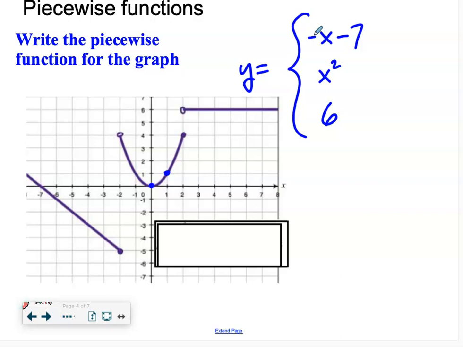Now we've got to write their domains. So this one on the left is only valid for x's in what interval? You can actually tell me the interval from something to something. -∞ to -2.